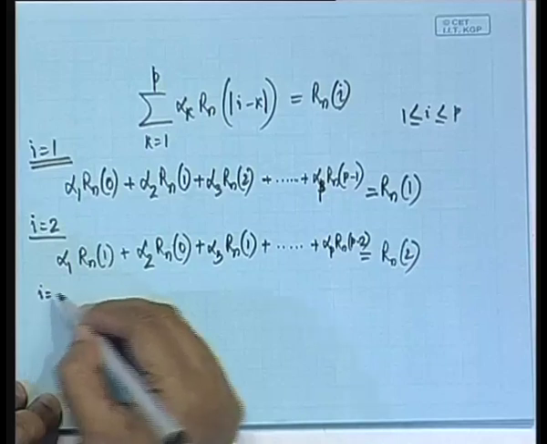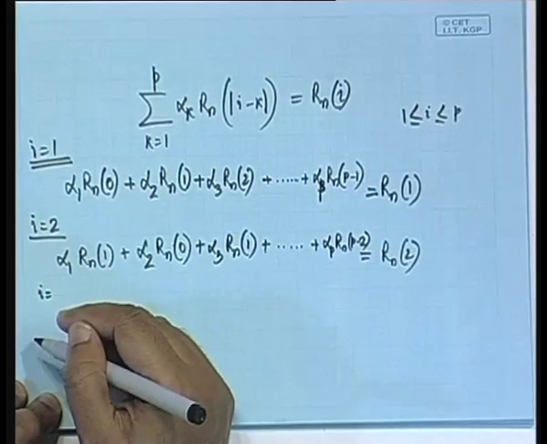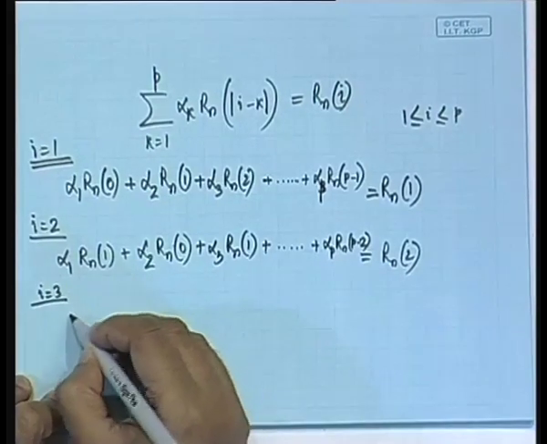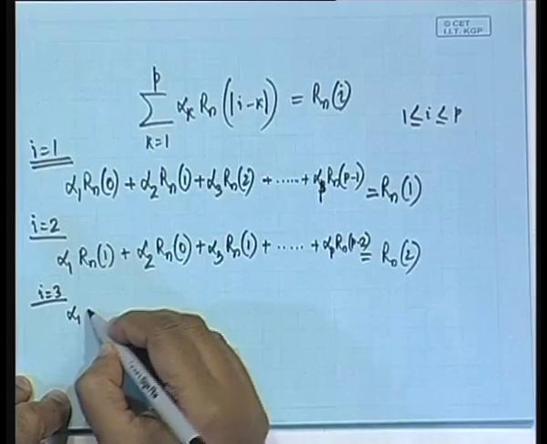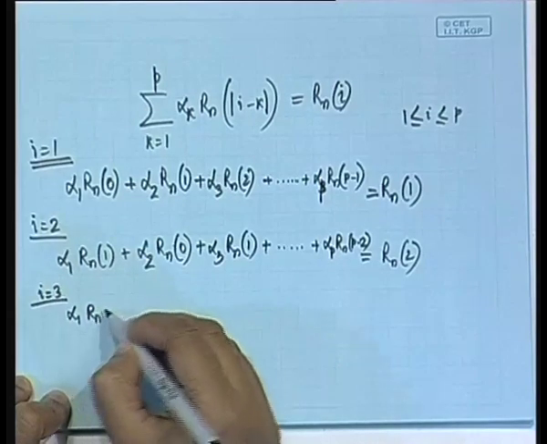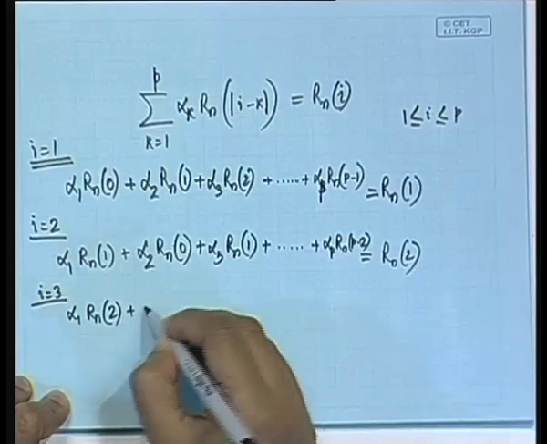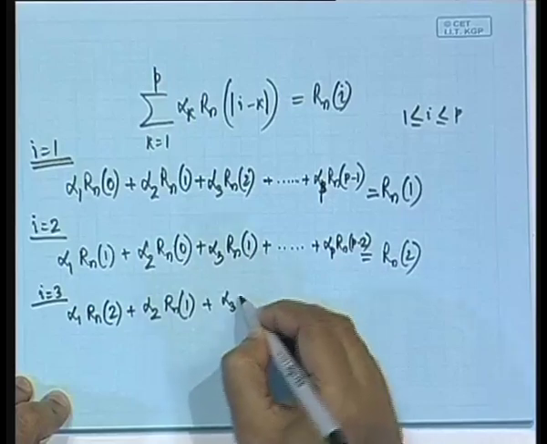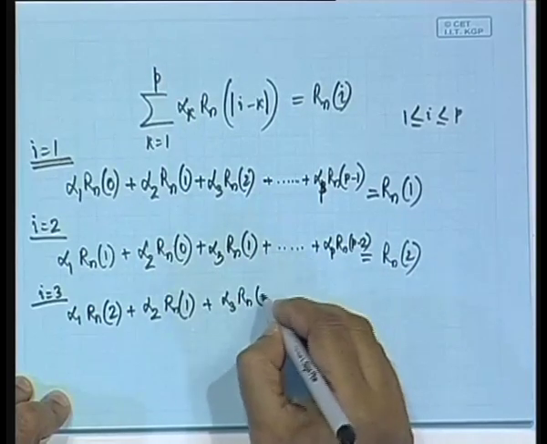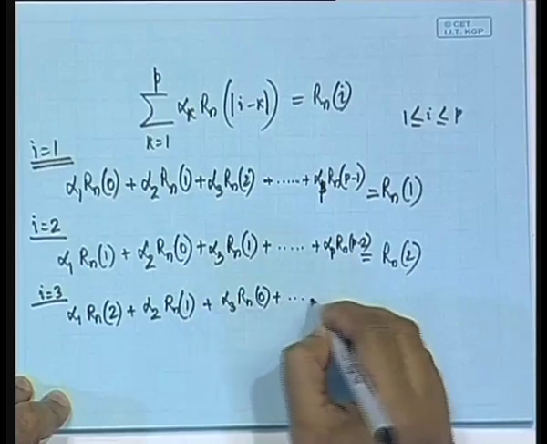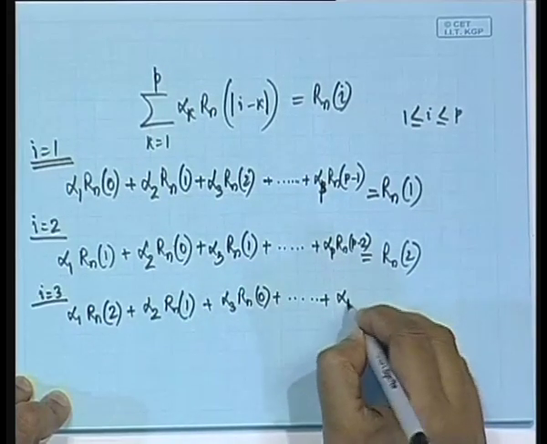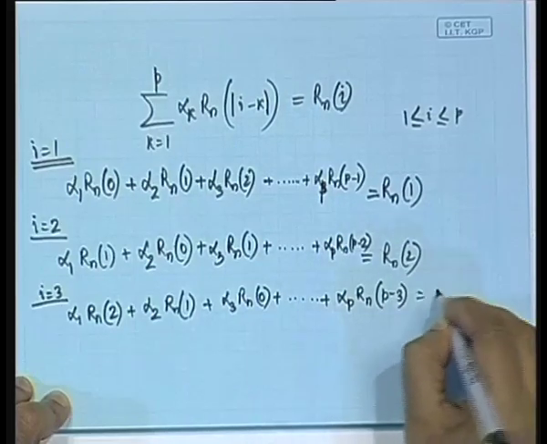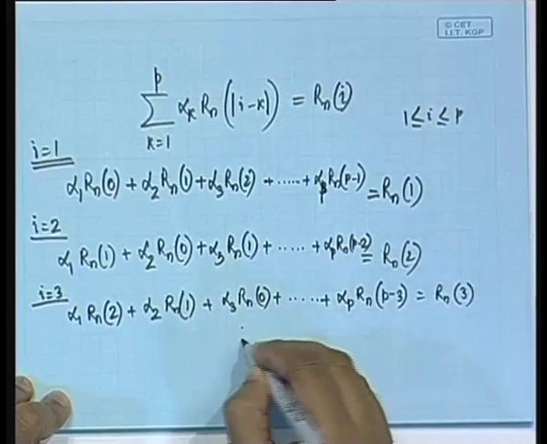Some of you must have already noted that this is resulting in a matrix equation. So I just write down i is equal to 3, which you can now understand very easily. It is going to be alpha 1 Rn 2 plus alpha 2 Rn 1 plus alpha 3 Rn 0, okay, plus so on, and it will be alpha p Rn p minus 3, which is going to be equal to Rn 3, and so on we go on.